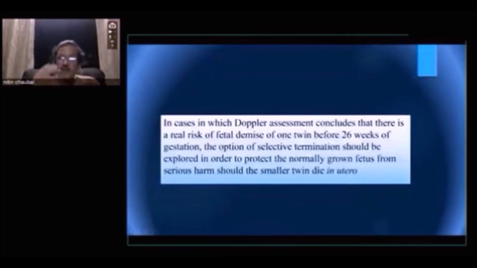So when you're following it up, especially with Doppler, or when you're looking at cardiac function, and you feel that there is a very high chance of a fetal demise in one of the twins before 26 weeks of gestation, then we should think of an option of selective termination, so that we protect the normal fetus from the harmful effects of the death of the smaller fetus.